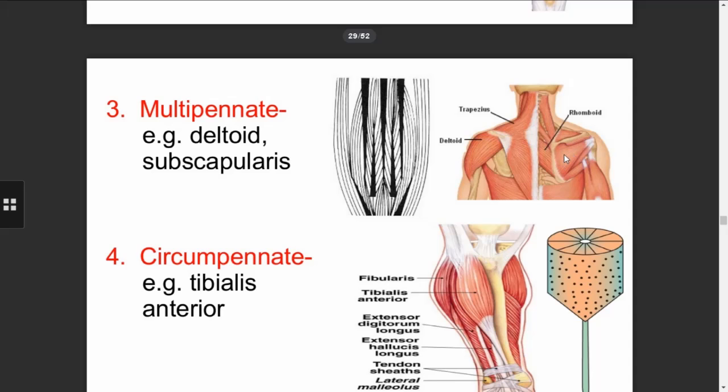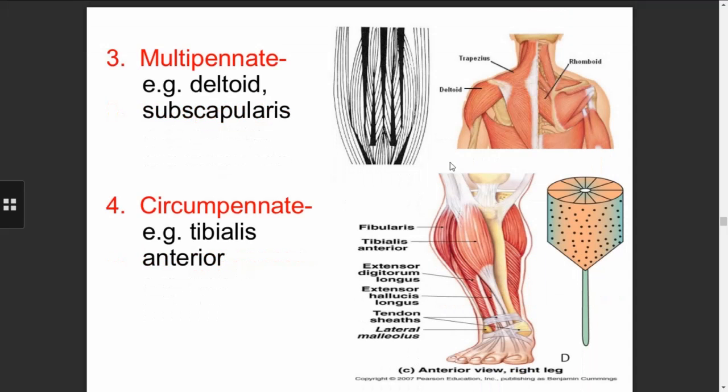Circumpennate means that it is arising as a circumference, just like the circumference. Example is tibialis anterior. Here we can see that.